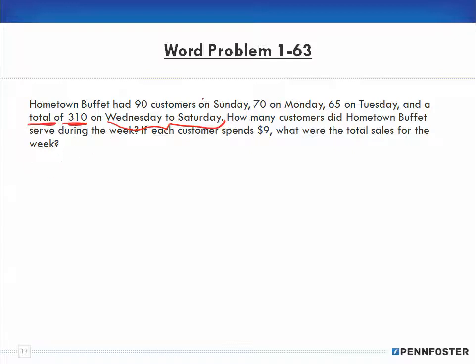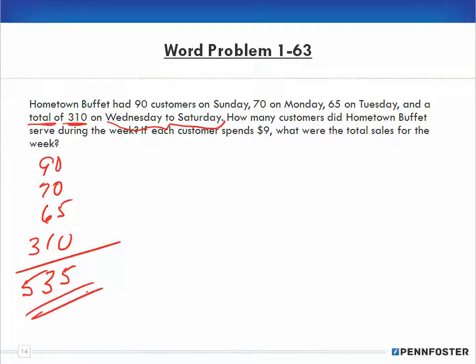All right, so I had 90 and 70, 90 and 70, and 65, and 310. So that's 5, 9 and 1 is 10, and 13 is 23, and that's 535 for a total. If each customer spends $9, what were the total sales?